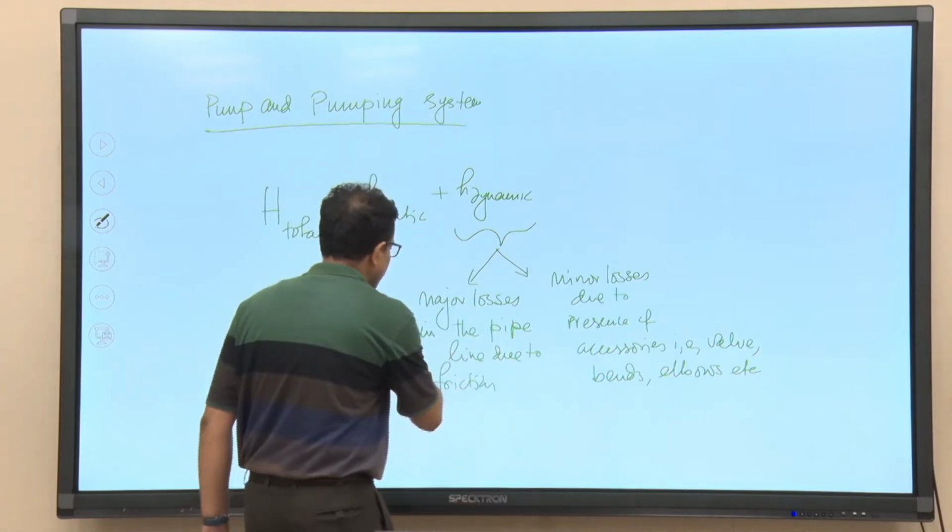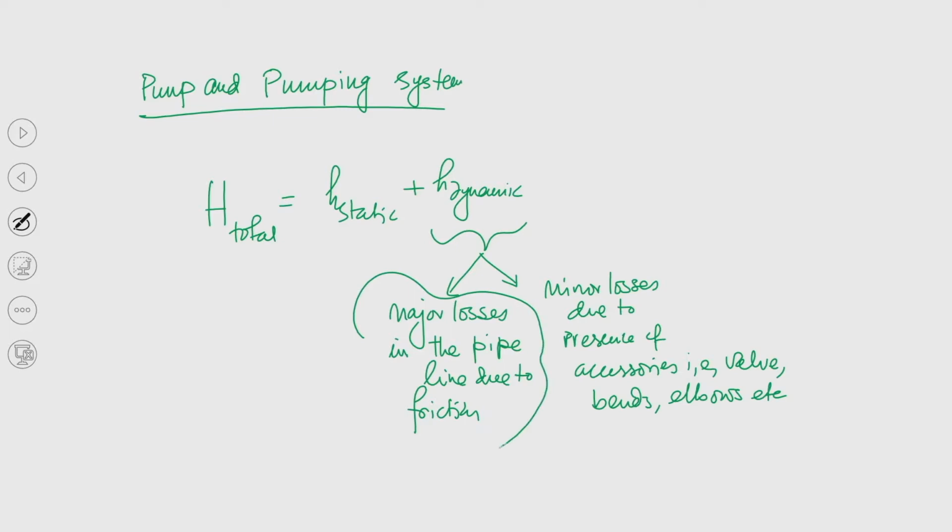Basically, you can understand the major losses are mainly due to friction in the pipeline, and minor losses are due to the presence of accessories like valves, bends, fittings, etc.